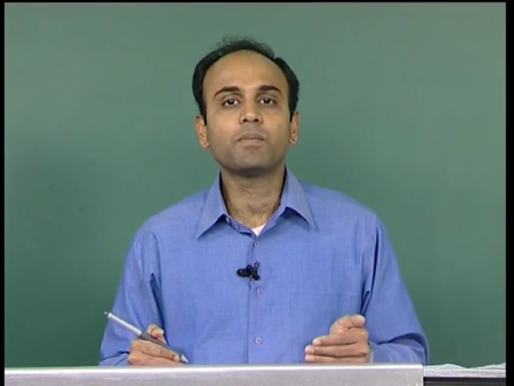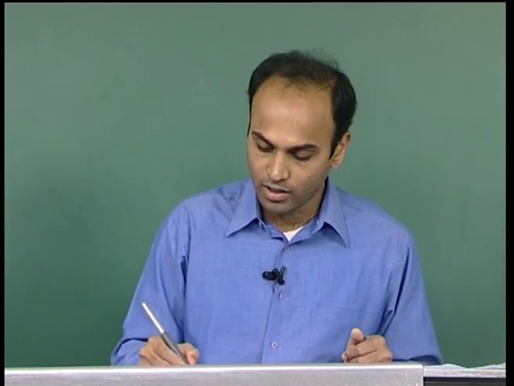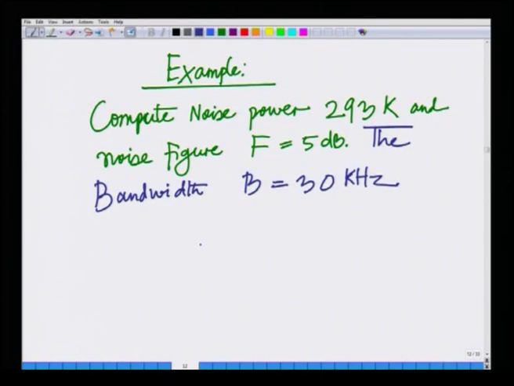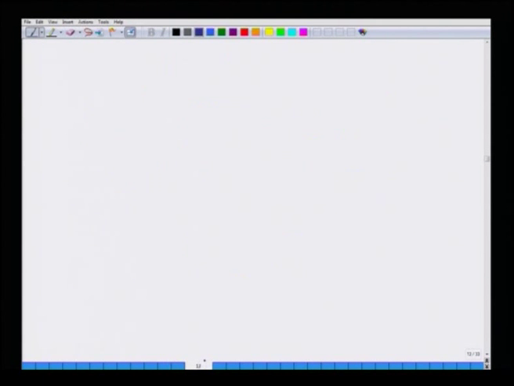So, again we have to proceed in two steps. First we compute eta naught, the noise power spectral density, and multiply it by the bandwidth to get the total noise power. First, let us compute F in dB. F in dB equals 5 dB, which means F is 10 to the power of 0.5 in linear values.